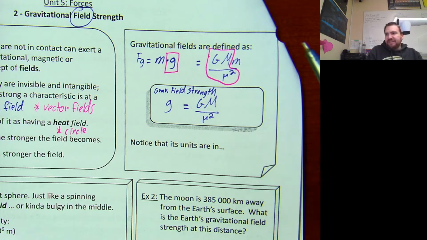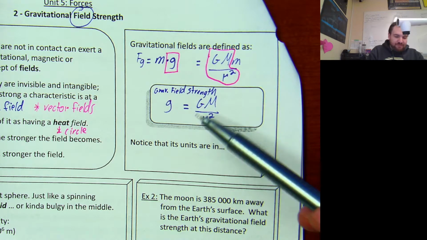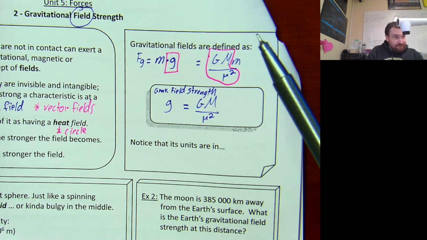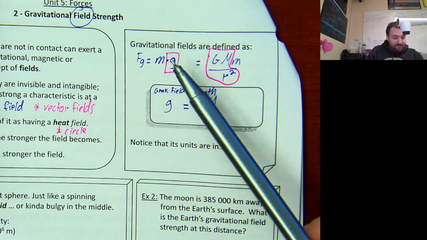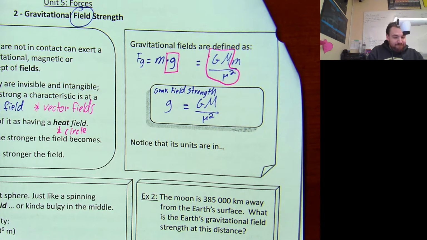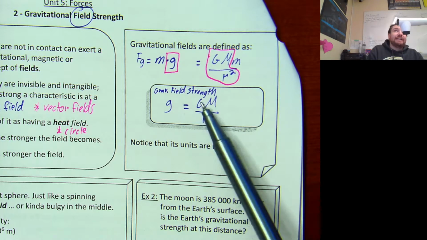The units for this are going to be what? The M is going to be like his mass. R. If you look at it right here, it's going to get kind of convoluted. Look at where it came from.